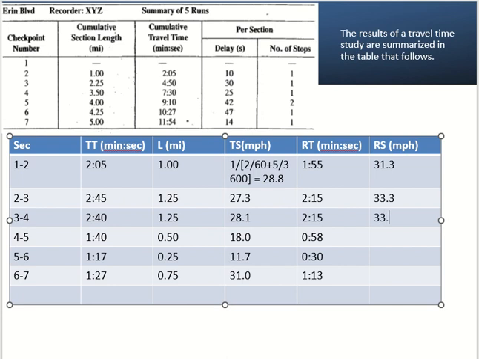Same. 37. Okay. Any questions? Clear? Okay.